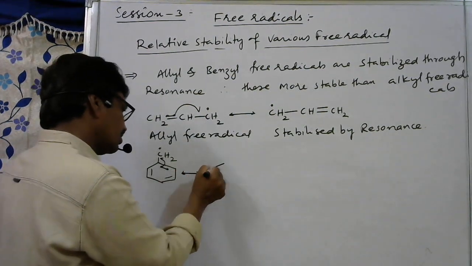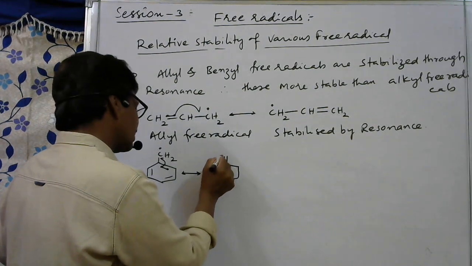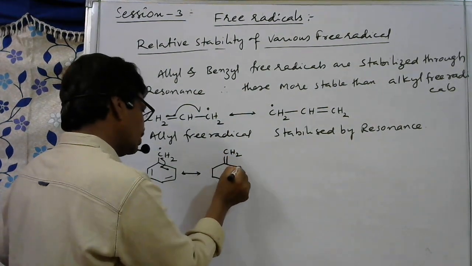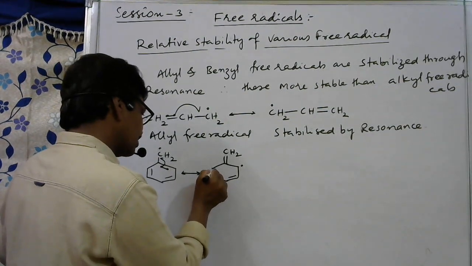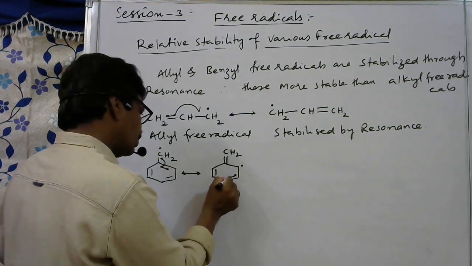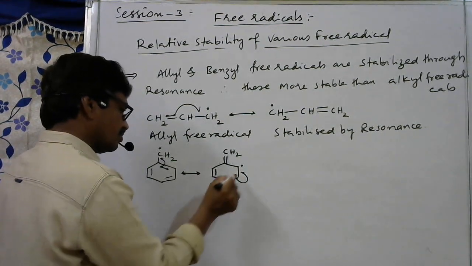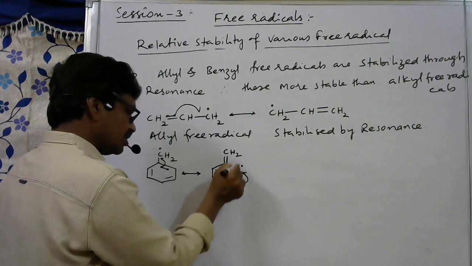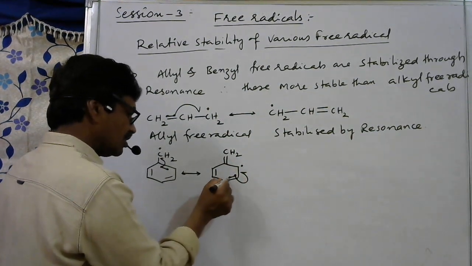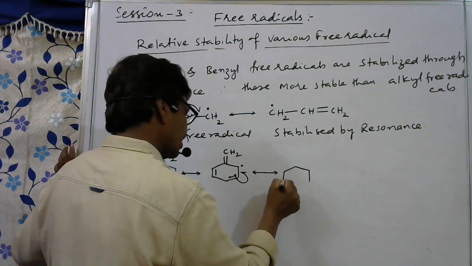So here we can write 5 resonance forms. In previous classes also we have discussed it. It becomes CH2 and here free radical. Then here already present bonds. Here also we have 2 electrons, so one electron moves here. With this electron it joins and there is a formation of a bond, and this carbon will take the free radical. Like this, how many can we expect?